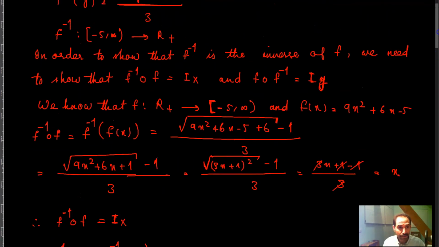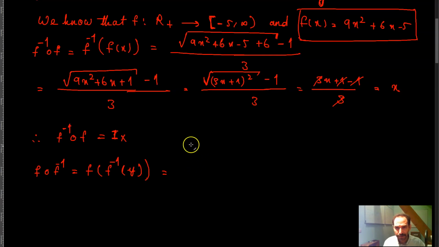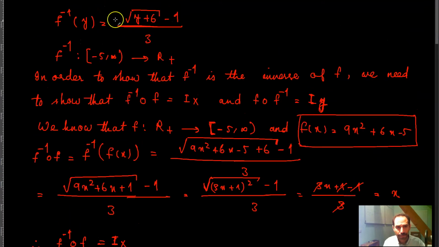The function f is this function over here, and the function f inverse is this function over here. So I write it down here so that we can see it. We said that f inverse of y is equal to the square root of y plus 6, minus 1, divided by 3.